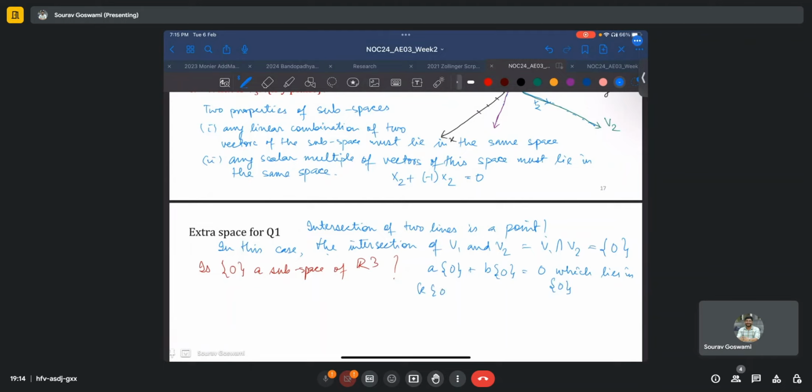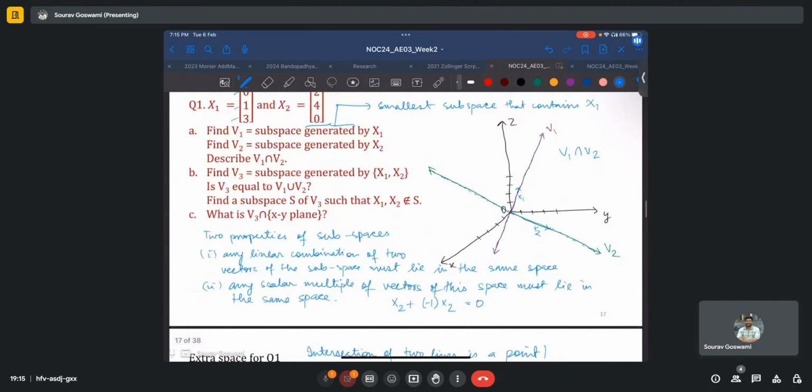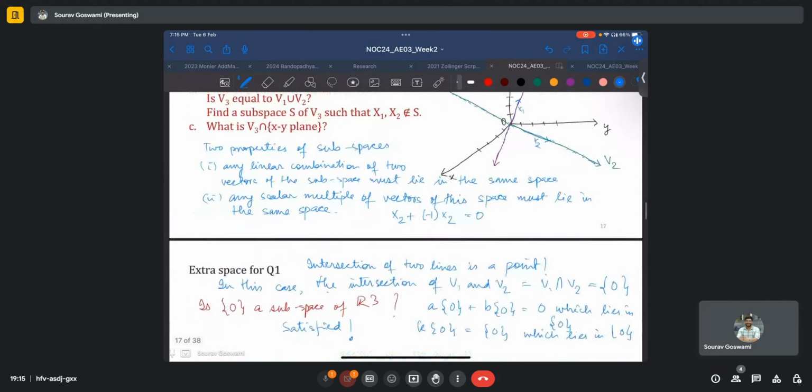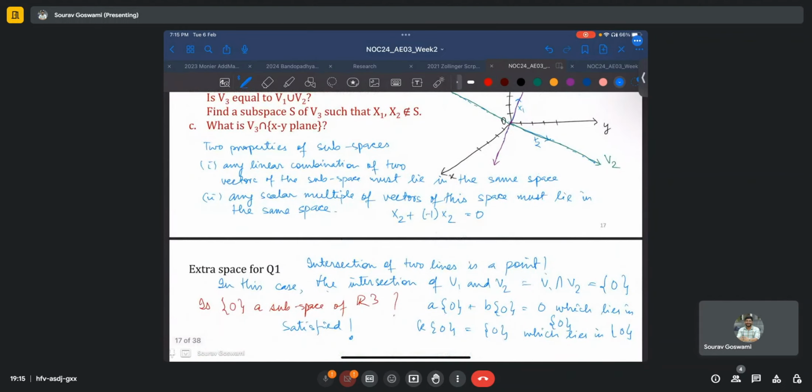A times 0 is again 0, which lies in 0. So yes, this is satisfied. So we have shown the two subspaces and we have described the intersection, which is nothing but the origin or the zero vector.